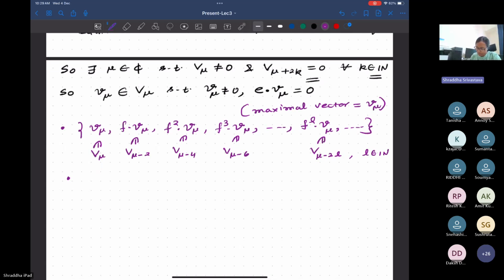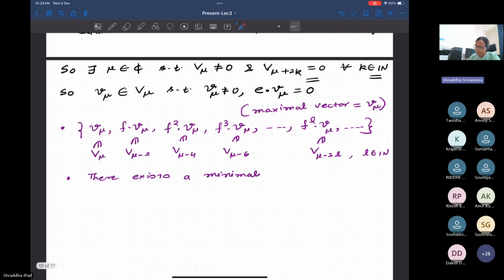So in this list, all the non-zero vectors form a finite list. So we can choose a minimal one, because after that everything is going to be zero.